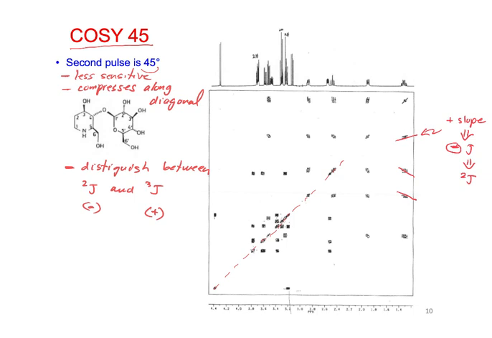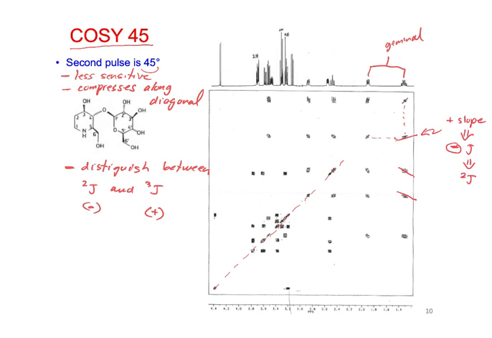So that tells us that this off-diagonal peak that has a positive slope is coupling between these two, and so these are going to be geminal because they have a 2-bond coupling. So that's a diastereotopic pair of methylene protons.